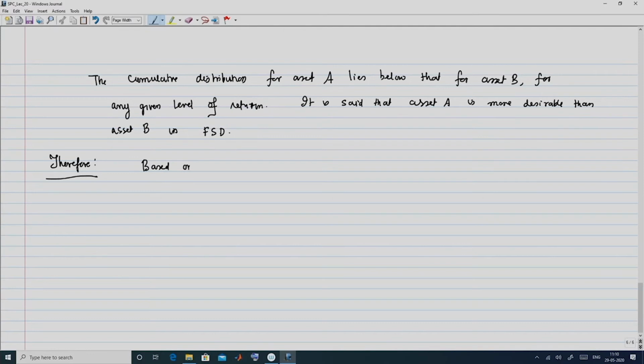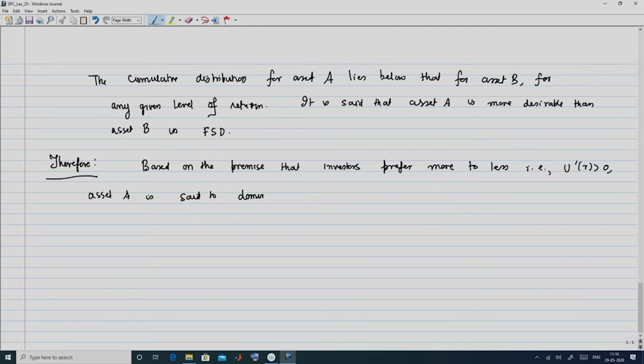So, therefore, based on the premise or the assumption that investors prefer more wealth to less, or more returns to less, that is mathematically u prime of r greater than 0, asset A is said to dominate asset B if and only if, so it is a two-way condition, you have F A of r being less than or equal to F B of r as seen in the graph.